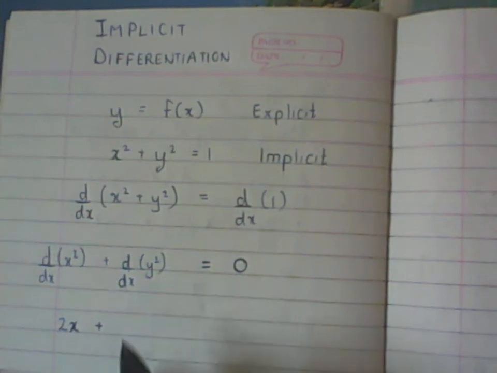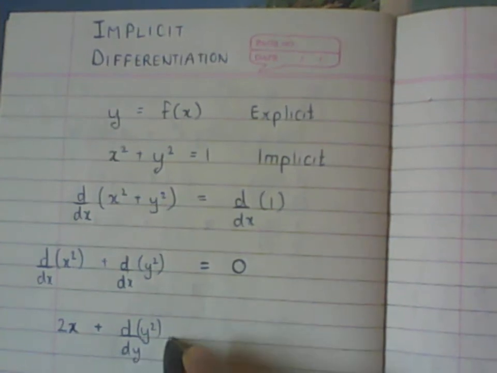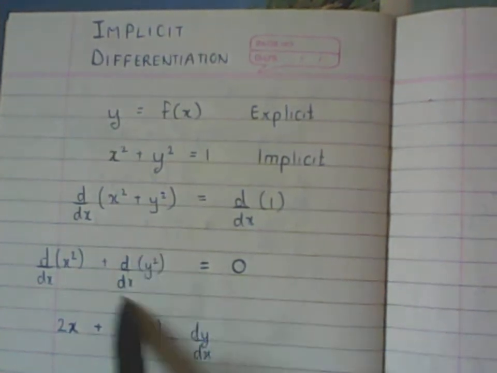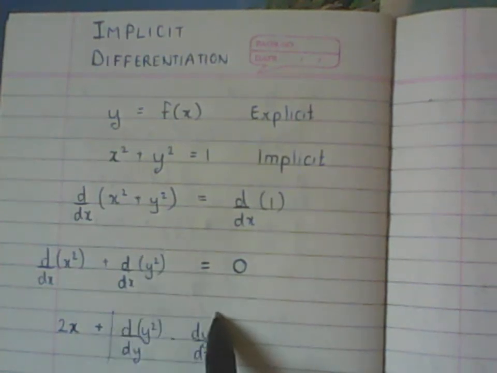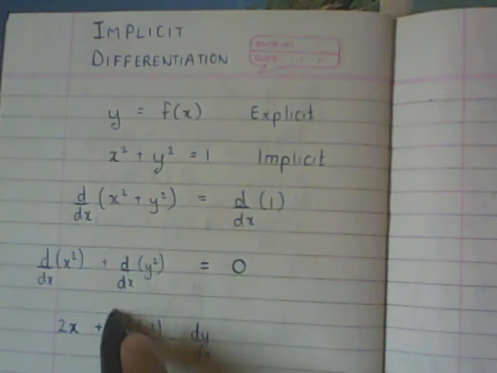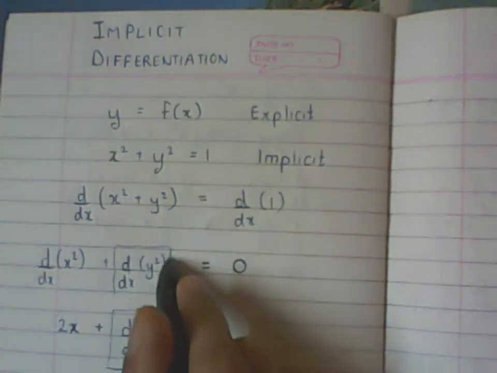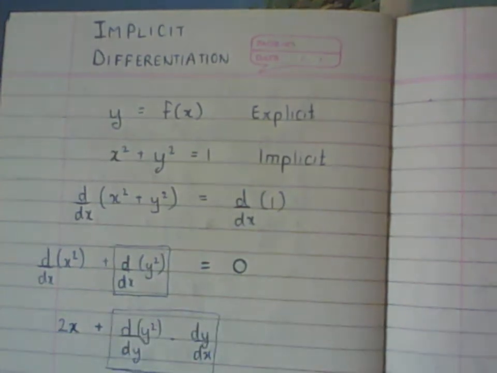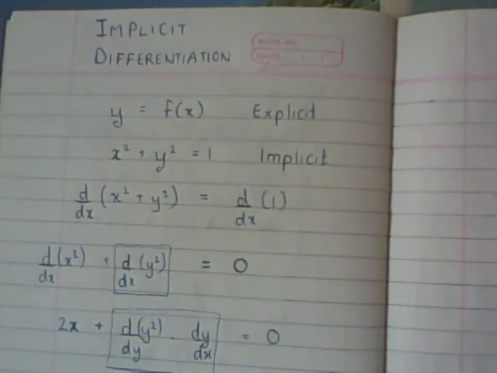So I find the derivative of y squared with respect to y, and then multiply by dy by dx. This is what you get using the chain rule, a simple application of it. And of course on the right hand side I have a 0.